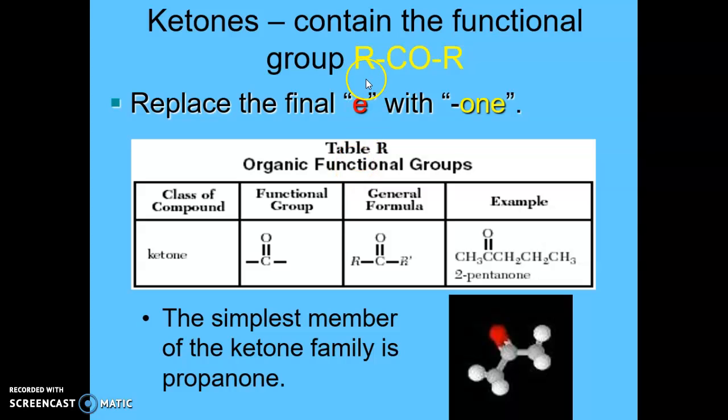When the double bond of the carbon with the oxygen is between two atoms of carbon, then we are not in front of an aldehyde, we are in front of a ketone. Here you have an example, 2-pentanone. Pentanone because of the 5 atoms of carbon, and 2 because the carbonyl group is in carbon 2.